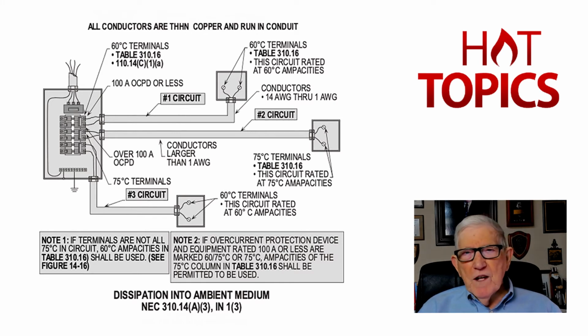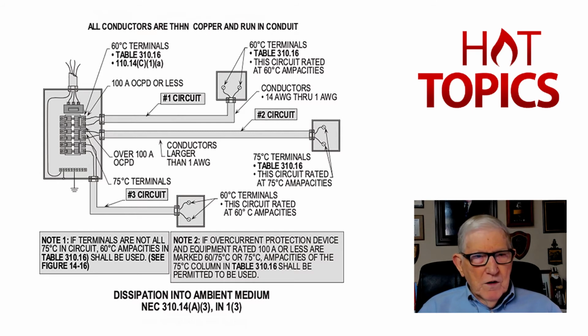And if the authority having jurisdiction does not allow you to use, say, a number 1, you would have to use a 1/0 or larger because of the rule of 110.14(C)(1)(b), where the rating of the equipment is over 100 amps, we automatically have 75 degrees C terminals, see.